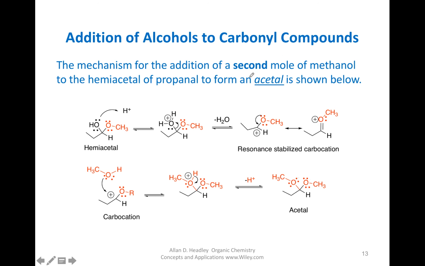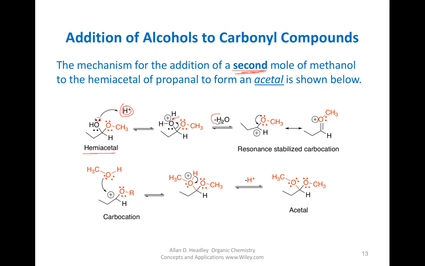Okay, let us look at adding a second mole of alcohol to the hemiacetal. So here's the hemiacetal that we formed earlier. Adding 1 mole of methanol in the presence of an acid, because it's acid catalyzed again, these electrons can add to this proton, and here it is right here, and it's charged.